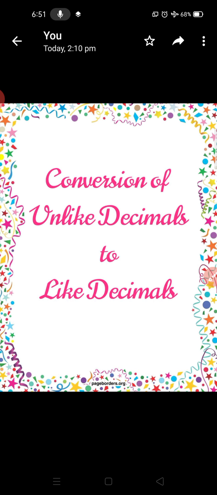Then the second number becomes 34.80. That's it. So the first number is 543.37 and the second is 34.80. Now these both are like decimals. So how do we convert unlike decimals into like decimals? By adding the required number of zeros at the end of the fractional part, for the number that has fewer digits in the fractional part.